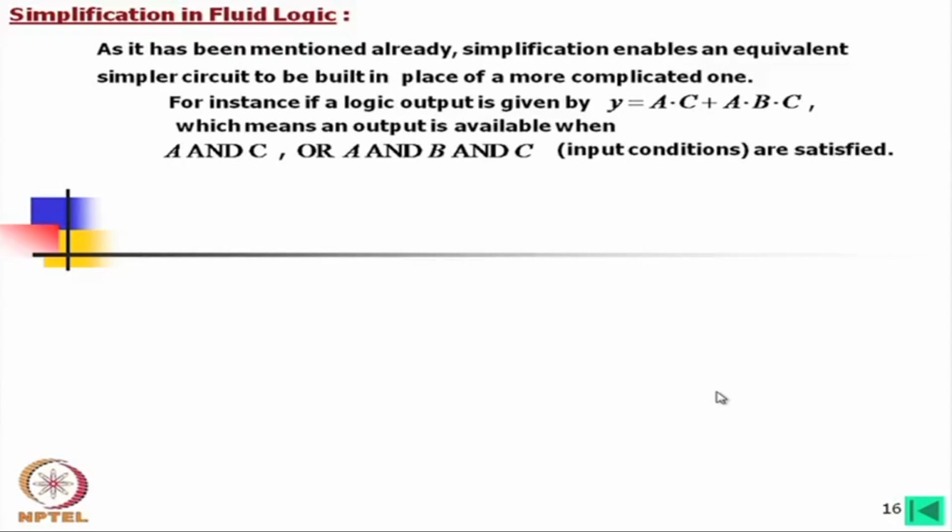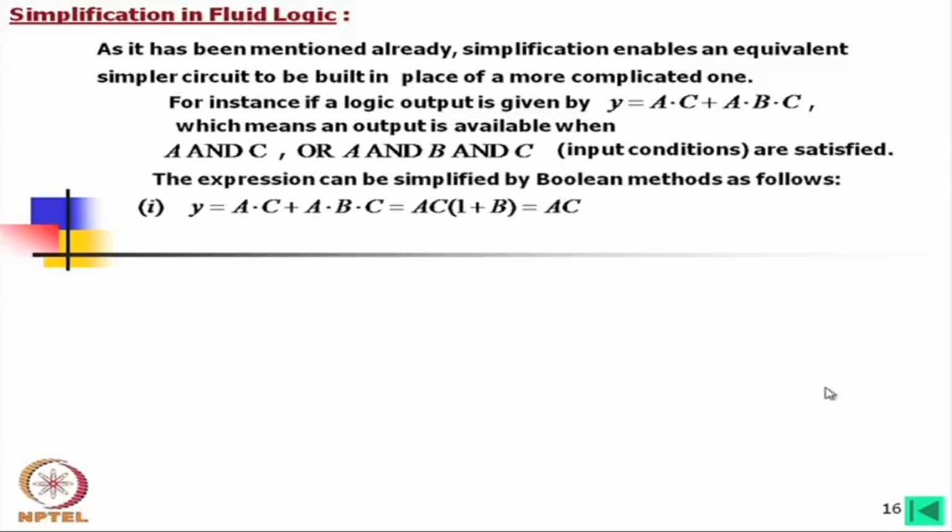For instance, if a logic output is given by Y is equal to A dot C plus A dot B dot C, that means A and C, then A and B and C, which means an output is available when A and C or A and B and C, the input conditions are satisfied. The expression can be simplified by Boolean method as follows.